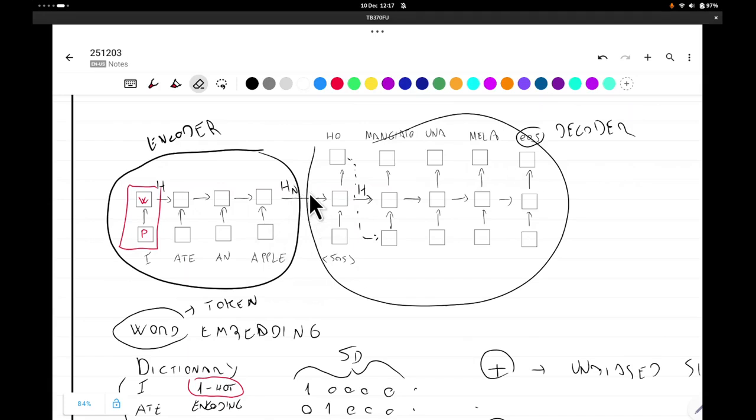Somewhere in this representation it has to know the sequence of the words, which words are used, which modifiers are applied to the words, in order to get the right decoding.